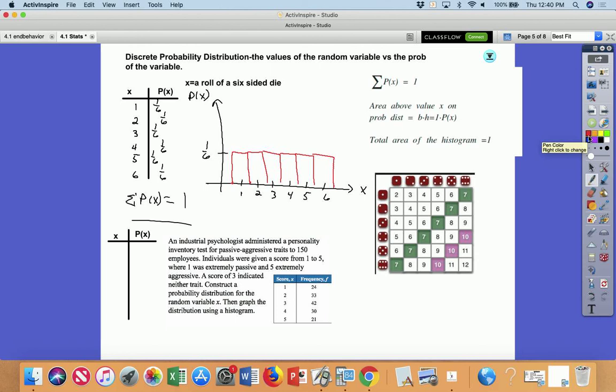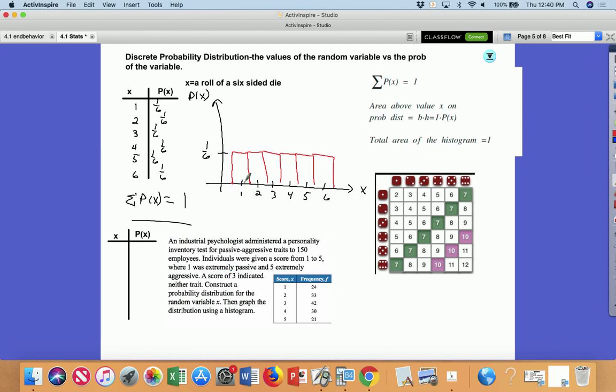Now, here's kind of a weird question. It might seem weird to you. What's the area of this bar?